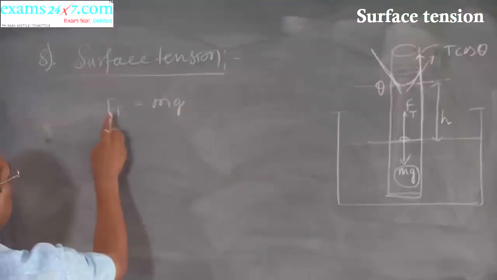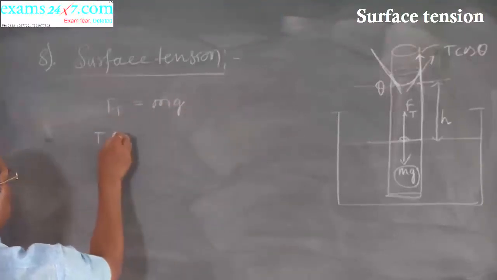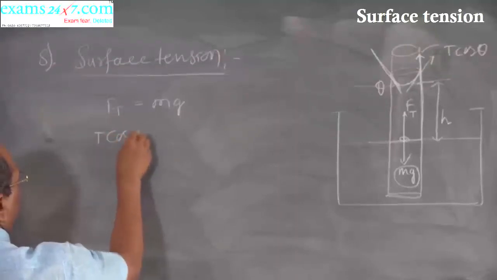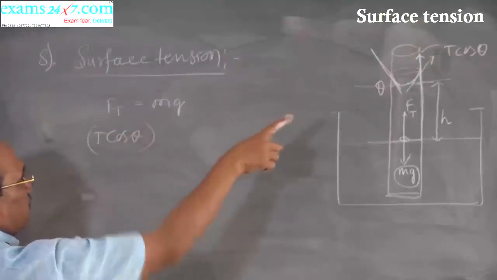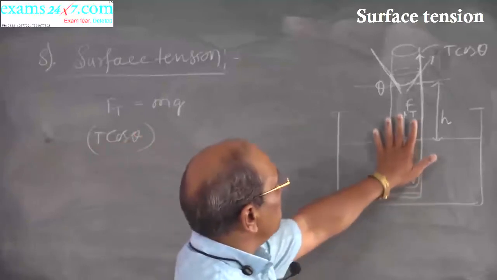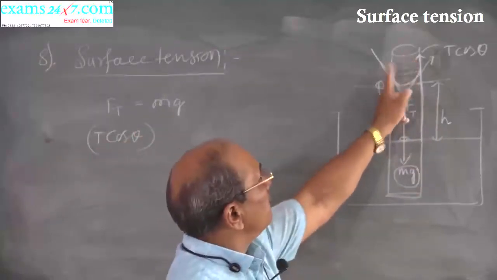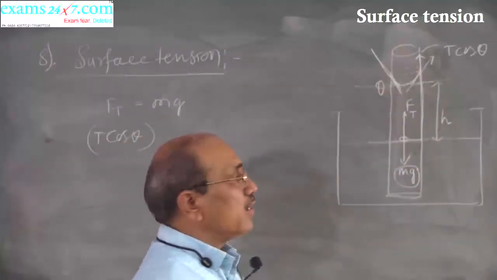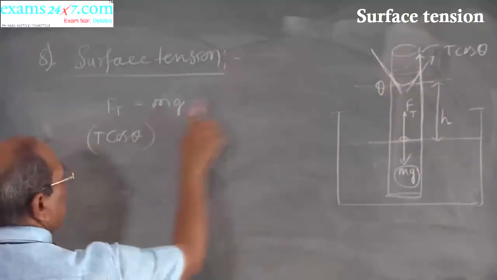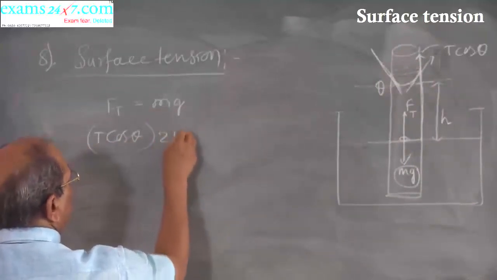Force is nothing but surface tension into circumference. T cos theta is the surface tension which is acting vertically upward, its component taken along the vertical direction. And the other is the circumference. If r is the radius, it is 2 pi r.